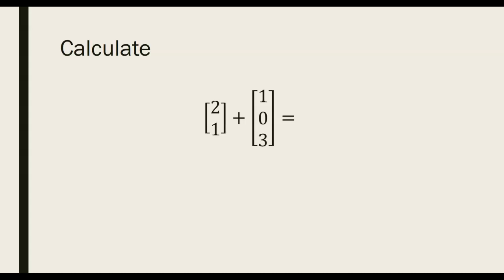In order to add vectors up, they do need to be the same dimension. They need to have the same number of entries. So a 2-dimensional vector plus a 3-dimensional vector is not going to be able to add up. You can't add those two together.